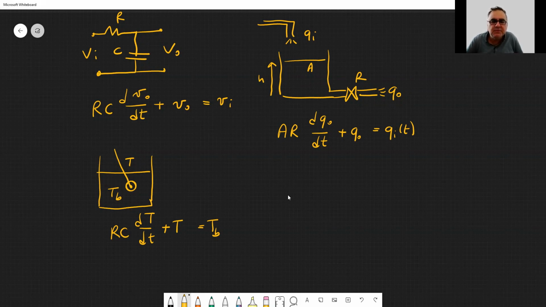By the way, for this tank system, if you want to write the equation in terms of the height, the equation would look like A dH dt plus H over R equals QI. Okay. This is if the output is H.